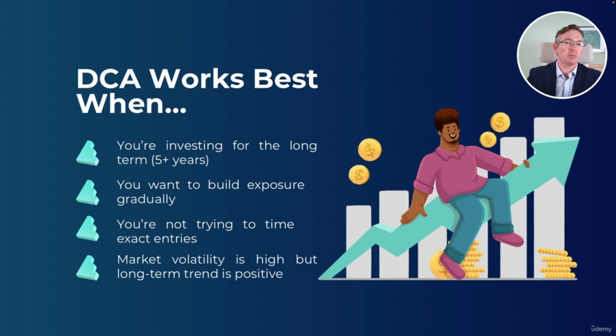For example, the S&P 500 has seen plenty of pullbacks, corrections, even recessions, but over the long run, it's just trended higher. By using dollar cost averaging, those dips are advantages for you to buy more stock for your investment.